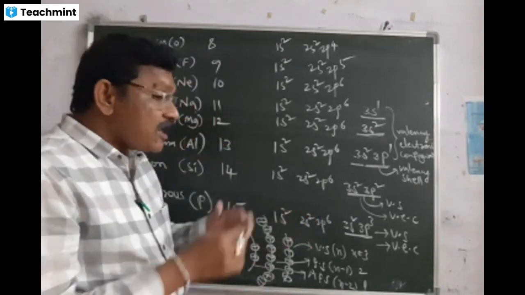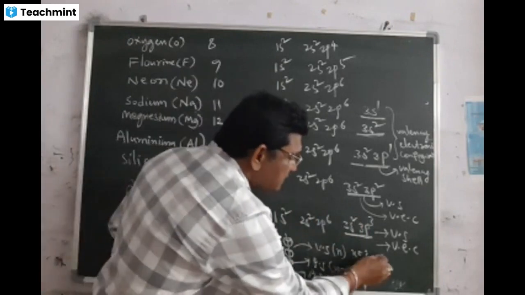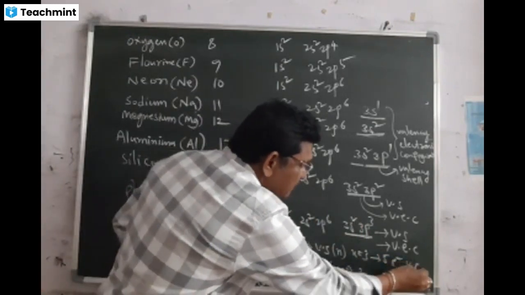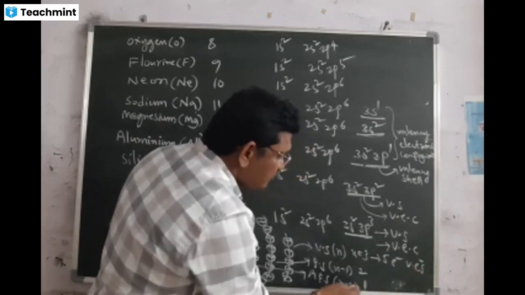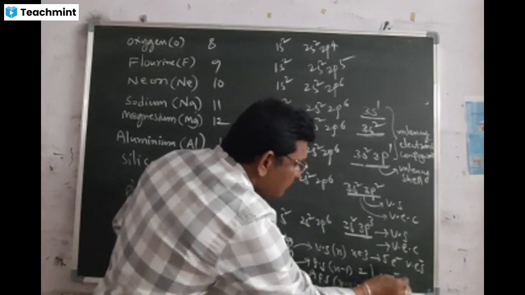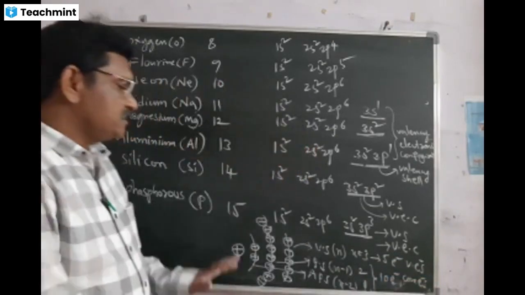How many valence electrons? 3 plus 2, 5 valence electrons. The penultimate and anti-penultimate cells contain 10 electrons, called core electrons.